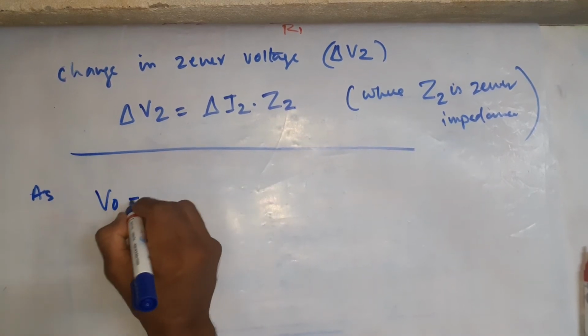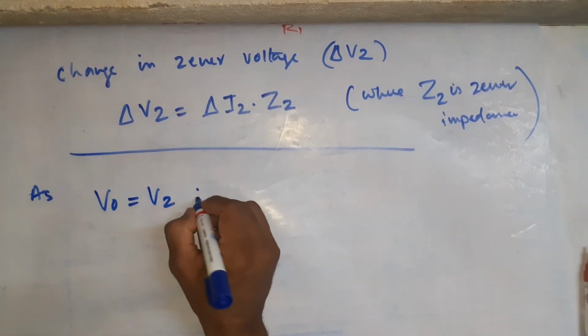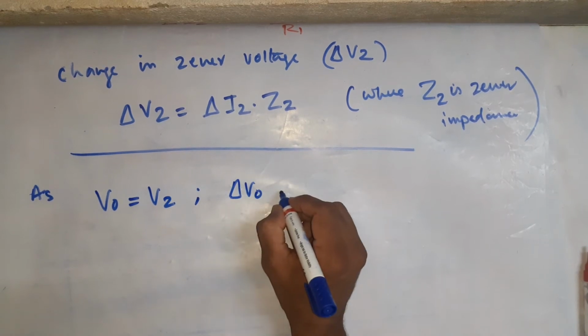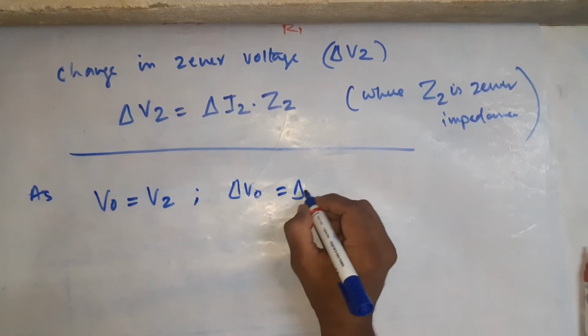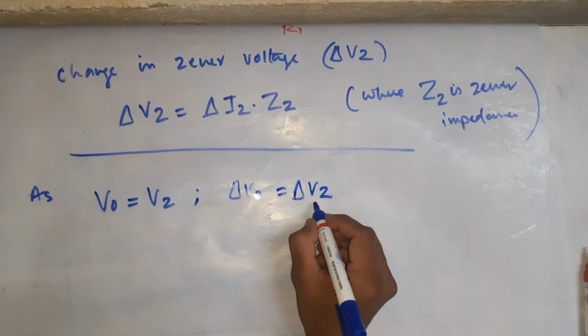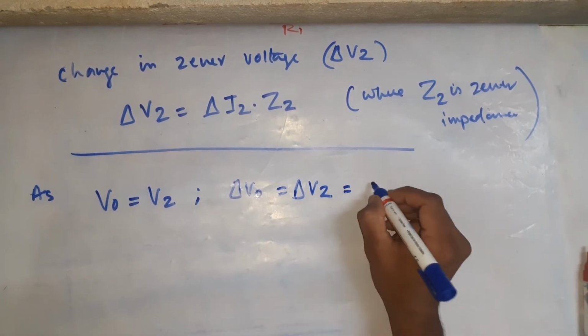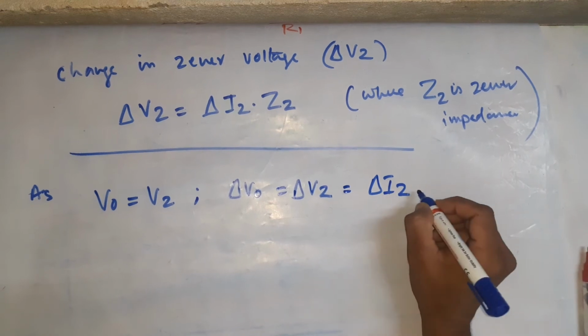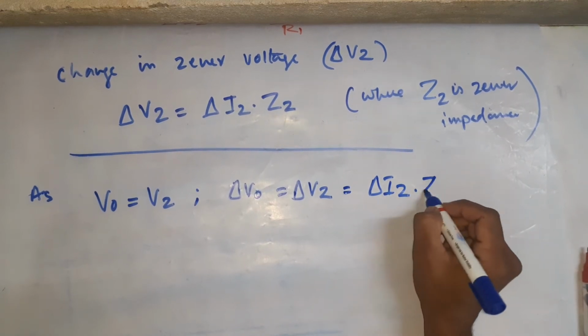As V0 is nothing but Vz, therefore change in V0 is nothing but change in Vz. Change in V0 will happen for a change in Vz, which is nothing but change in Iz into Zz.